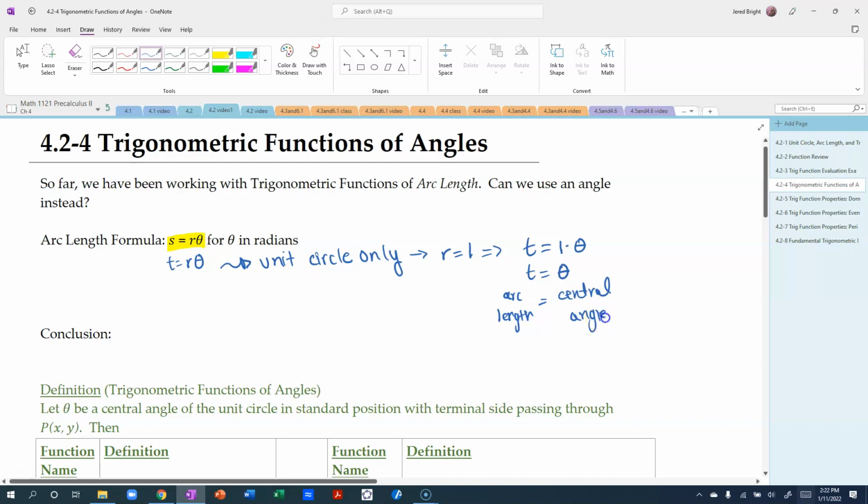Okay, so the takeaway is precisely this. When we're on the unit circle, if we're working with trigonometric functions, it doesn't matter if we're talking about the trigonometric functions in terms of their arc length or central angle, they are the same.